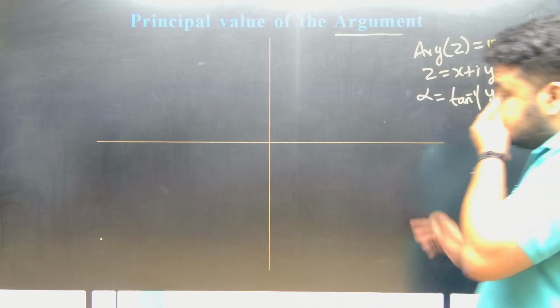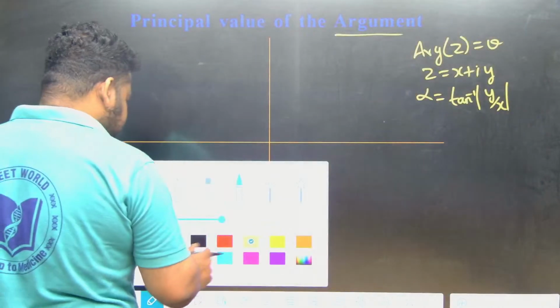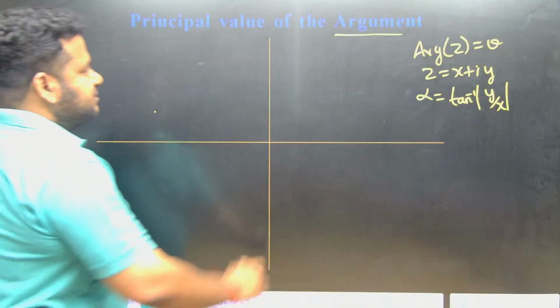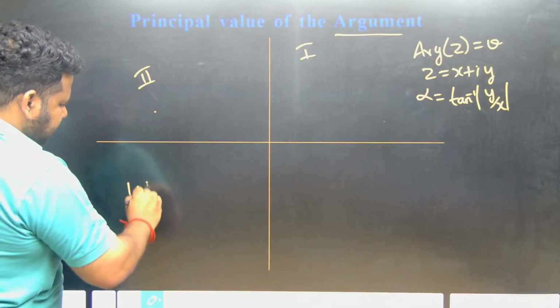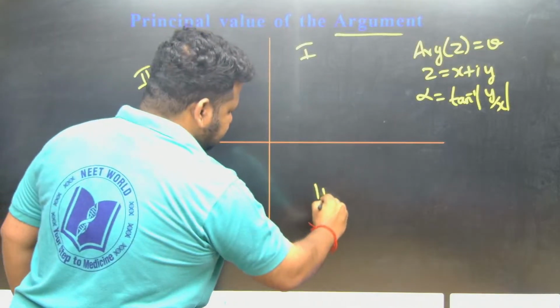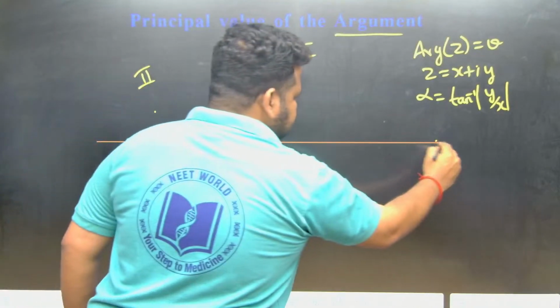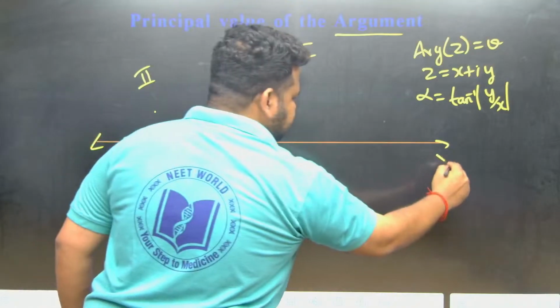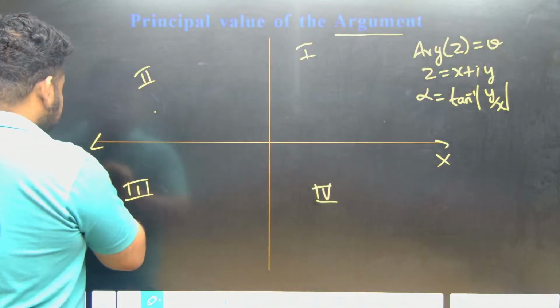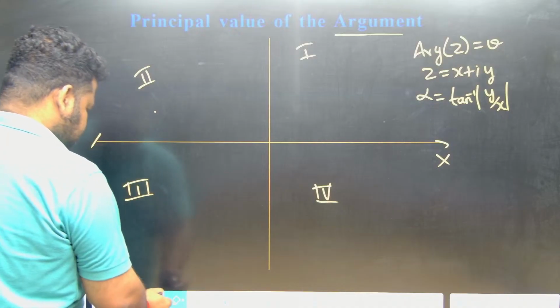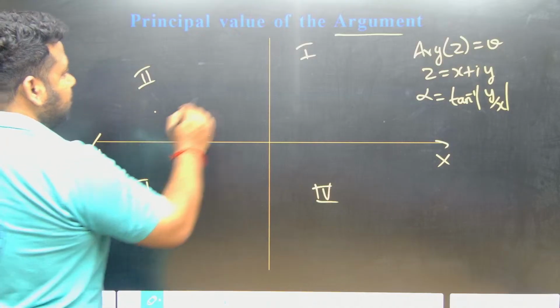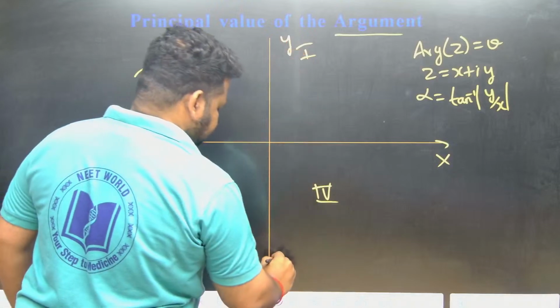Now see, this is what we are having. This is the first quadrant, second quadrant, third quadrant, and the fourth quadrant. This is the positive x direction, negative x direction, and this will be y and y dash.